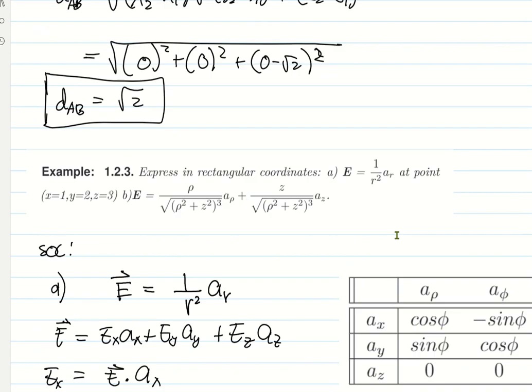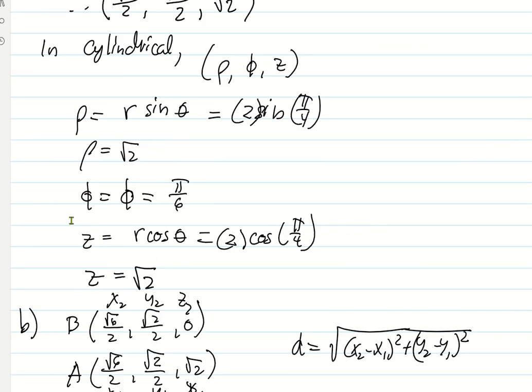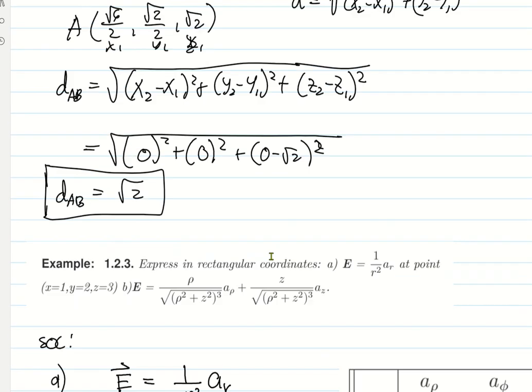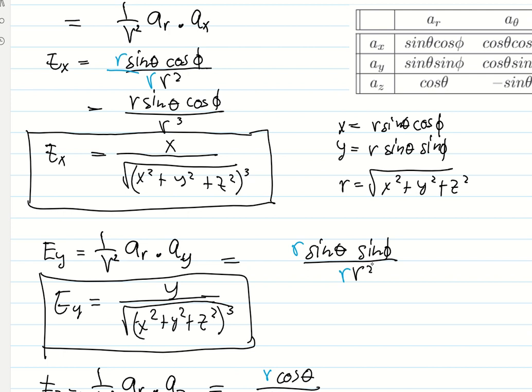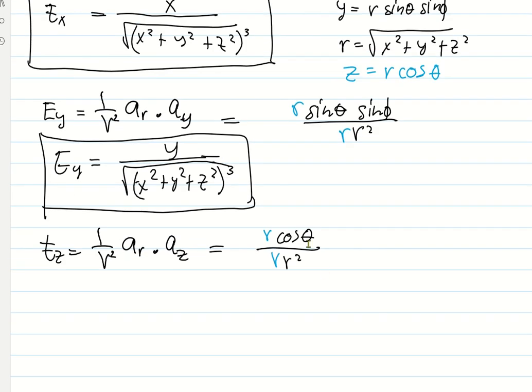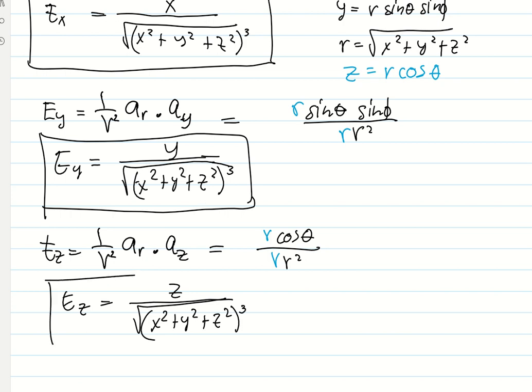If we go back again to our formula, r cosine theta is just equal to z. So this is just z all over, again, the cube of the square root of x squared plus y squared plus z squared. So E_z is equal to z all over the square root of x squared plus y squared plus z squared, then cube.